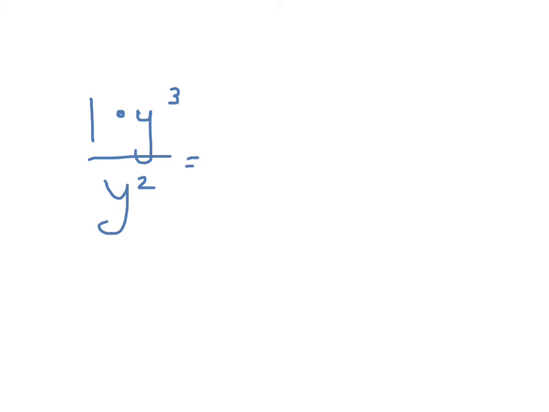If I take 1 times a million, what do I get? A million. If I take 1 times 5, what do I get? 5. What's 1 times y to the 3rd? Y to the 3rd. Y to the 3rd over y squared. So now, what do I get for the answer? Or is that the answer? Can I simplify that even further?